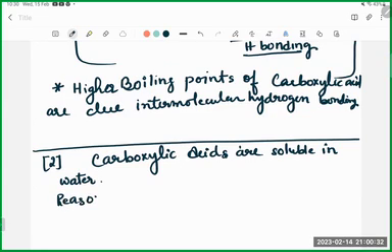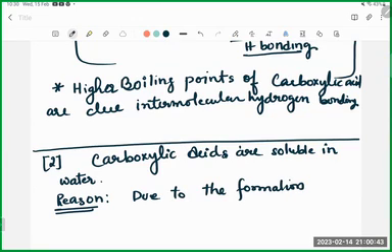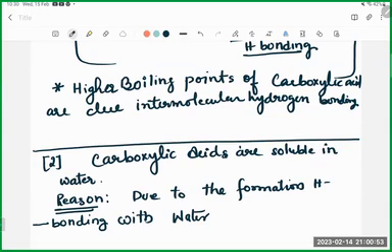Why are they soluble? Tell, Hridaya. Due to the formation of the same reason, hydrogen bonding, but here it will make hydrogen bonds with water. Clear? Yes, ma'am.